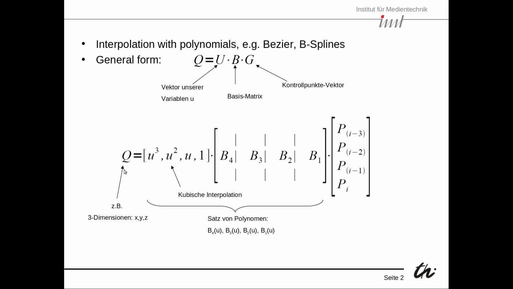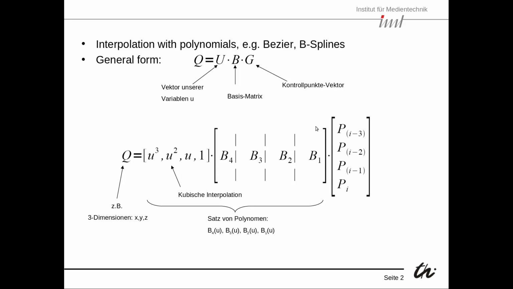So our general formulation, as a repetition, is that we have these three matrices and vectors to generate our curve in a parametric form. We had this vector which contains our helper variable u in different exponents up to 3 for cubic interpolation.